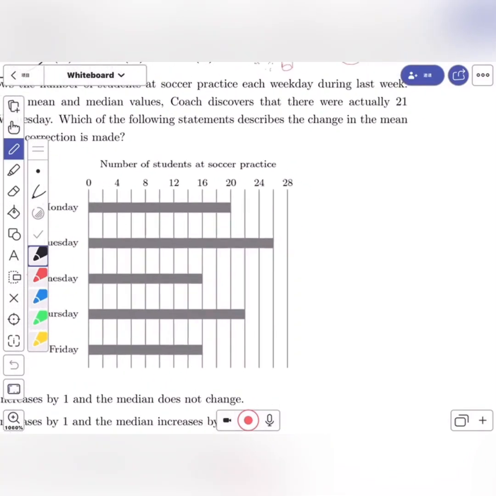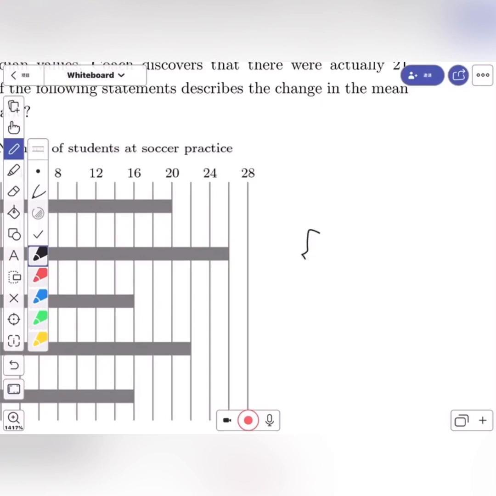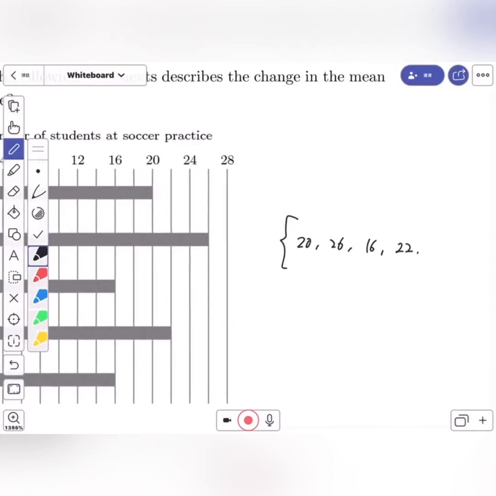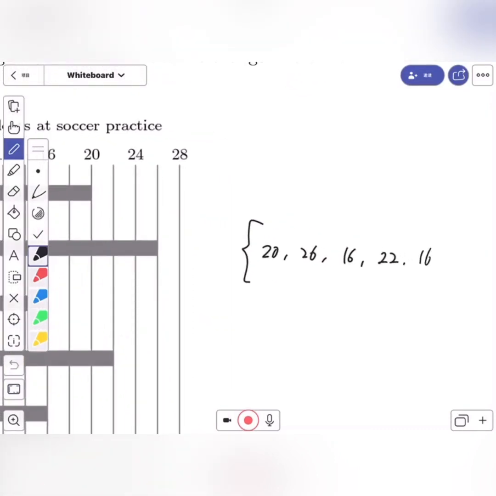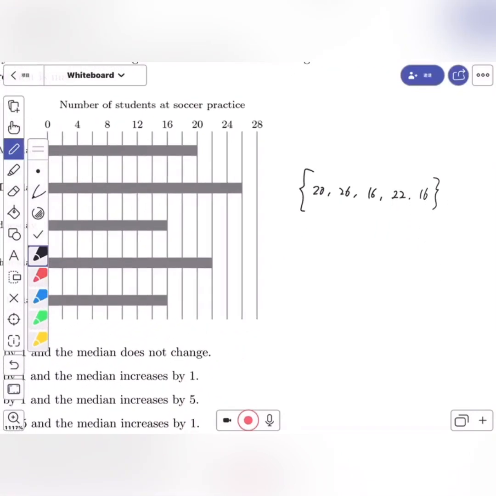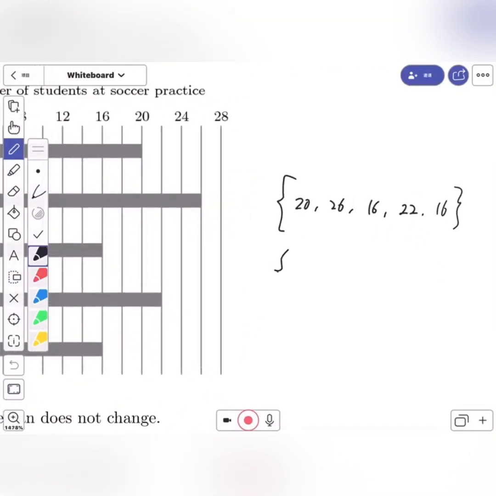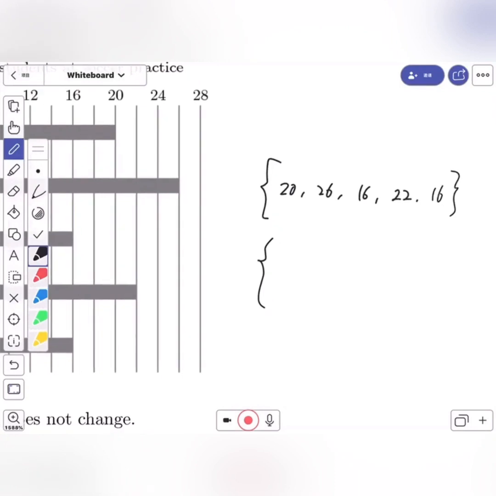So for original data set, there are 20, 26, 16, 22, and 16 again. Let's just sort it such that it's gonna be more convenient to compute the medians. 16, 16, 20, 22, 26.